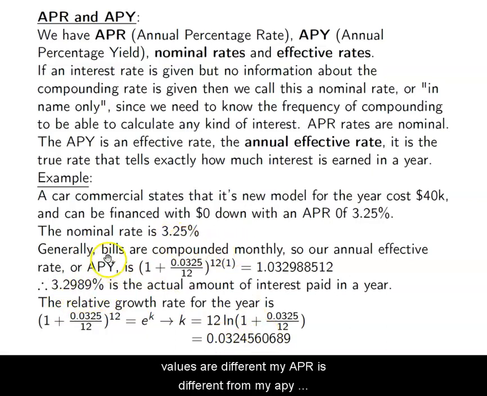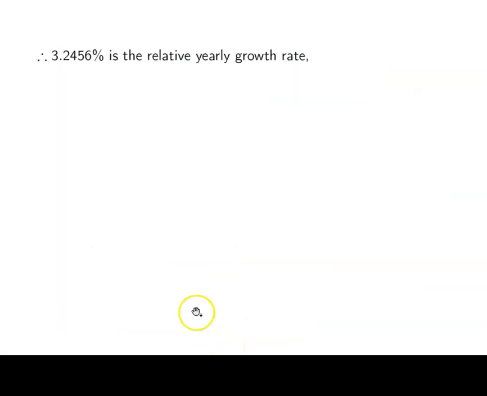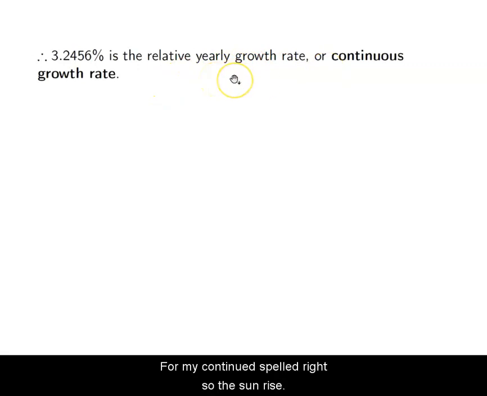So all the values are different. My APR is different from my APY, which is different from my continuous growth rate. Okay, so that's my relative yearly growth rate, or my continuous growth rate.